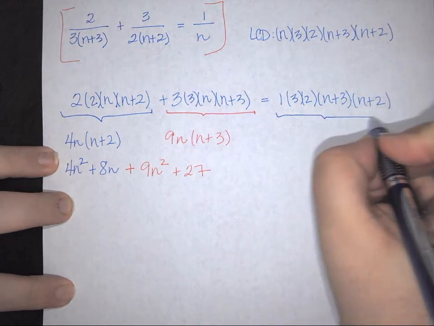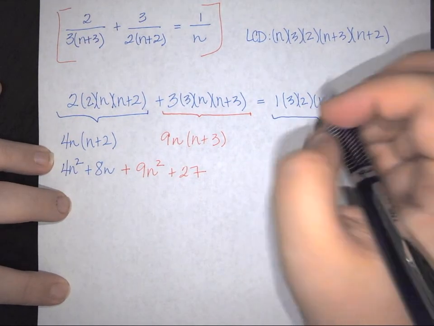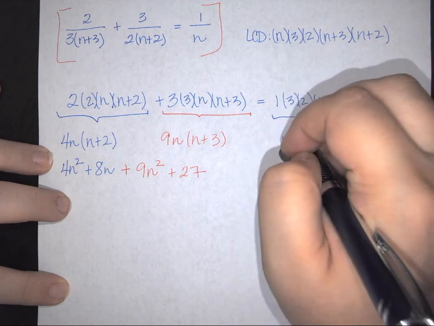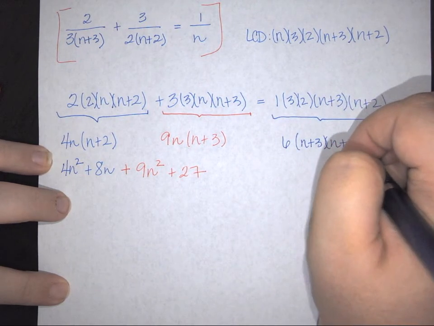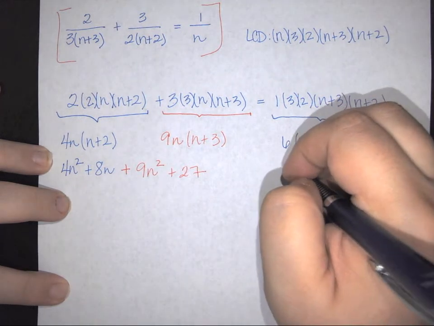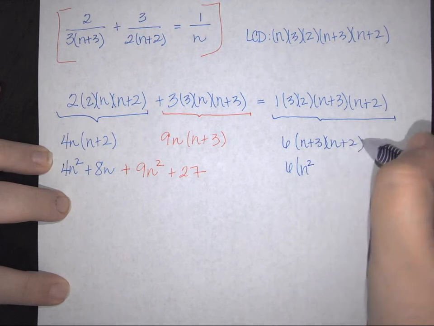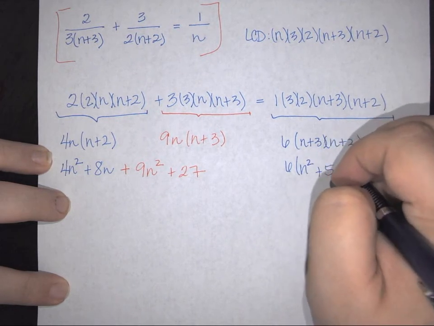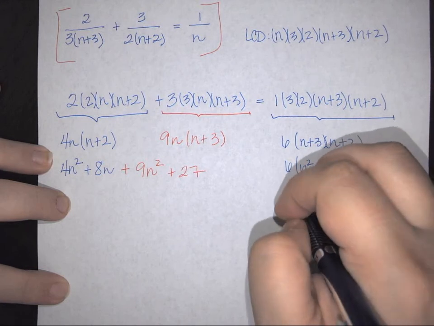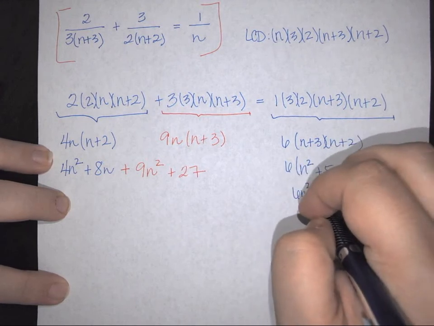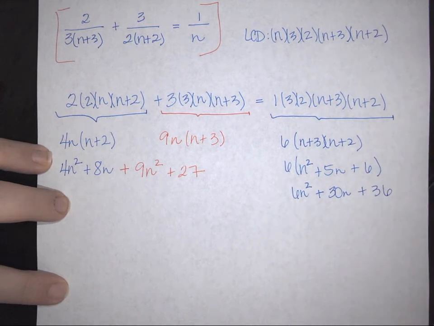Last is the back part here. So this is going to be 1 times 3 times 2, which is 6, times n plus 3 times n plus 2. So this is 6 times n squared plus 5n plus 6. Distribute your 6 in, gives you a 6n squared plus 30n plus 36.